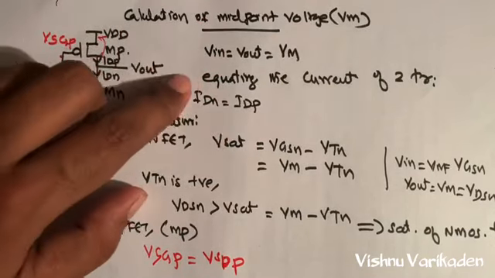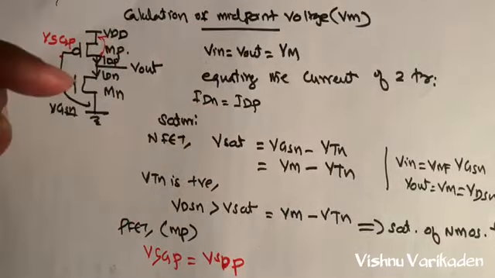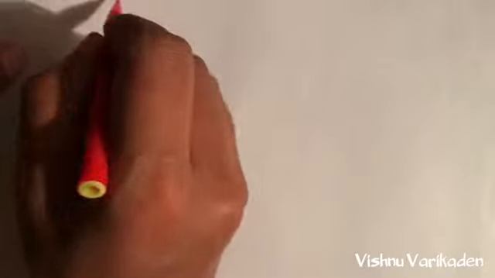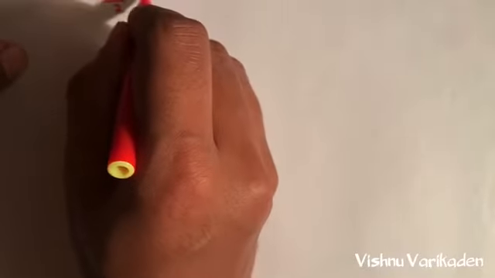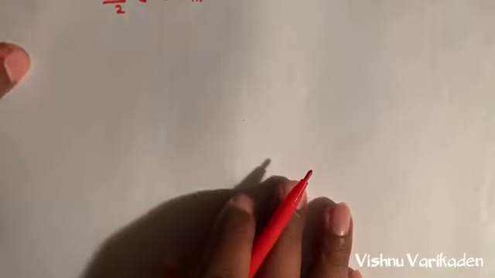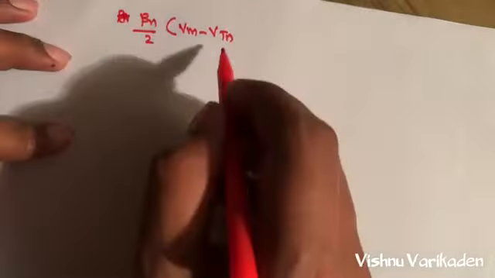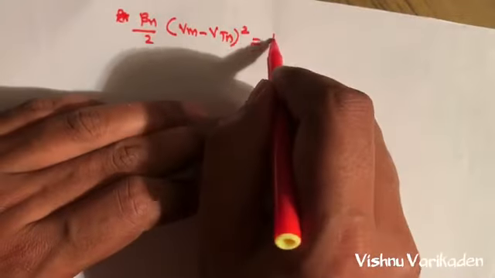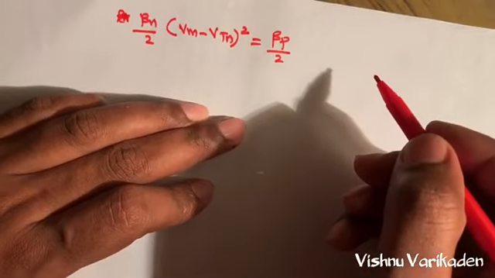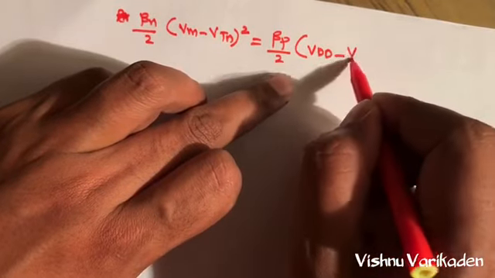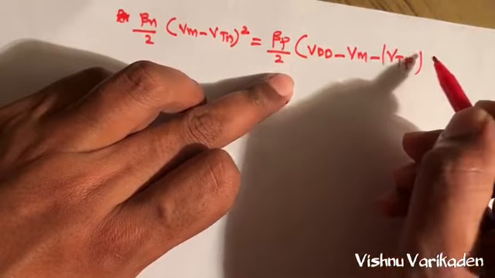Recalling the equation for ID, our equation is ID equals beta n by 2 into (VM minus VTN) the whole square, equated to the PMOS drain current IDP, which is beta p by 2 into (VDD minus VM minus the mod of VTP) the whole square.